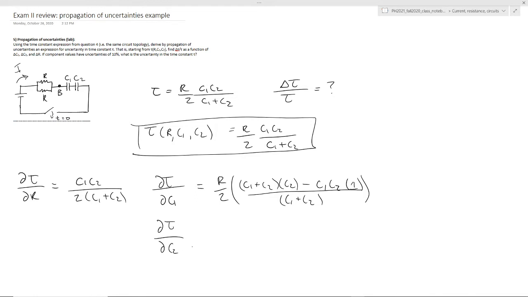The partial with respect to C2 would look pretty similar to this. Now we'd have low d high minus high d low, all over that square of that denominator.